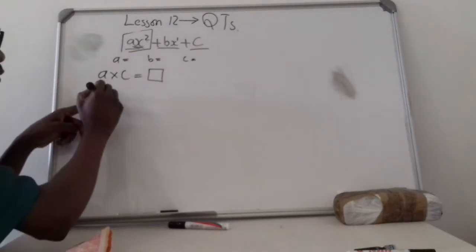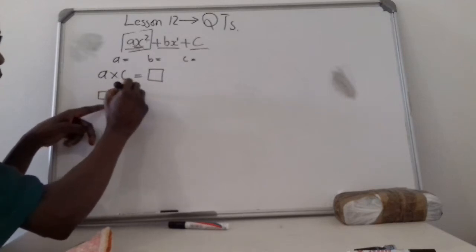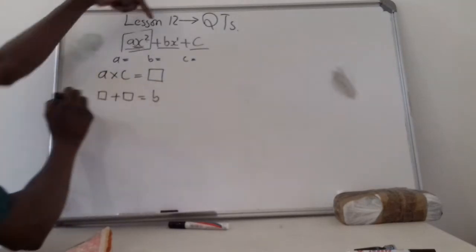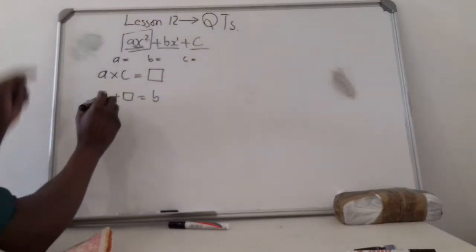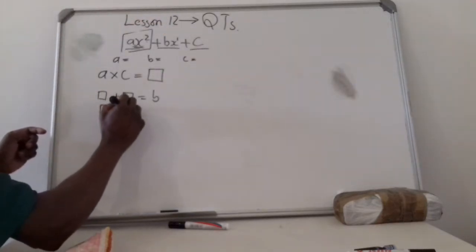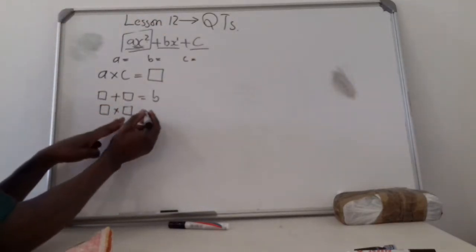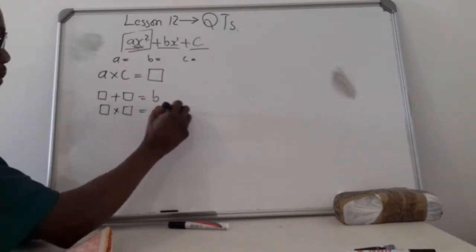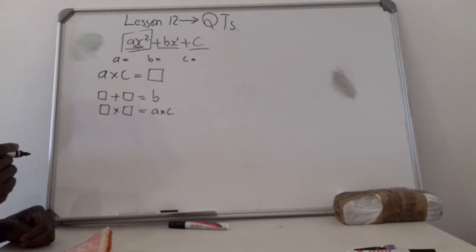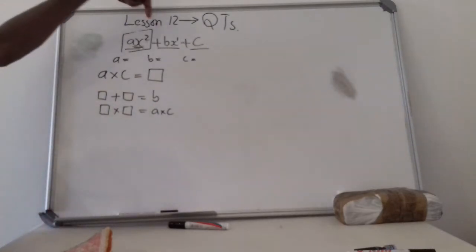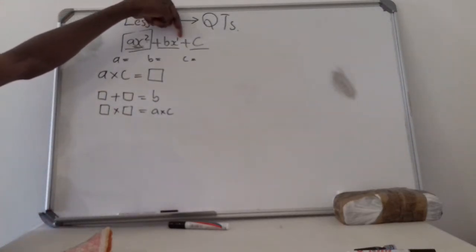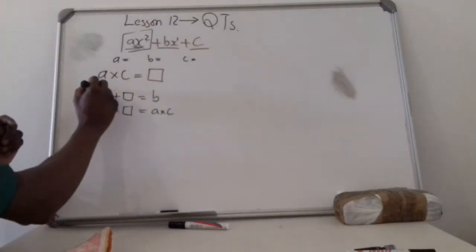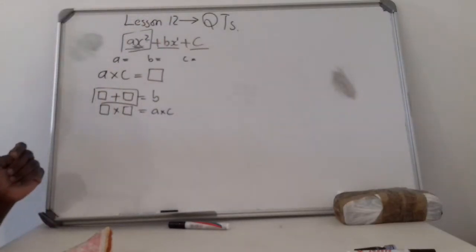If you add up those two factors, they will give you the b part, and if you multiply those factors, they will give you a times c. Once you do that, you should replace the second term by these factors, so that you end up with 4 terms, and then we can factorize by grouping.